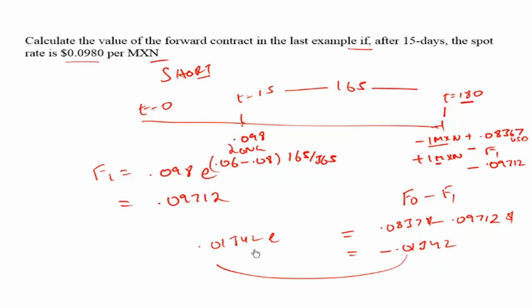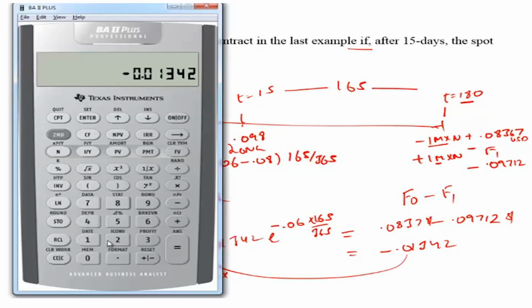So it will be 0.01342 into e raised to the power minus 0.06 into 165 divided by 365.